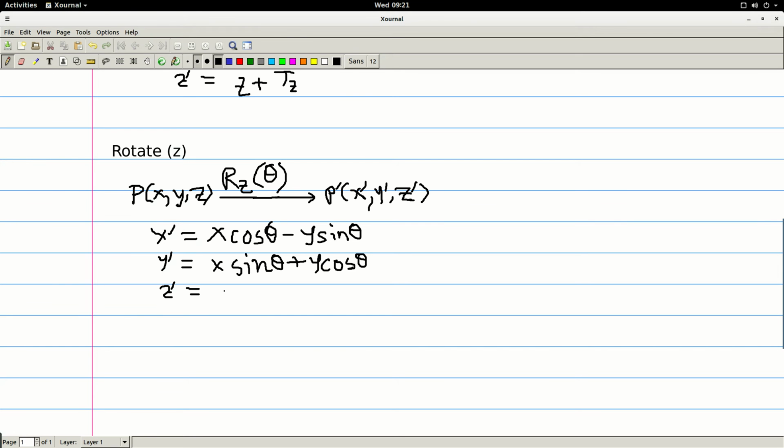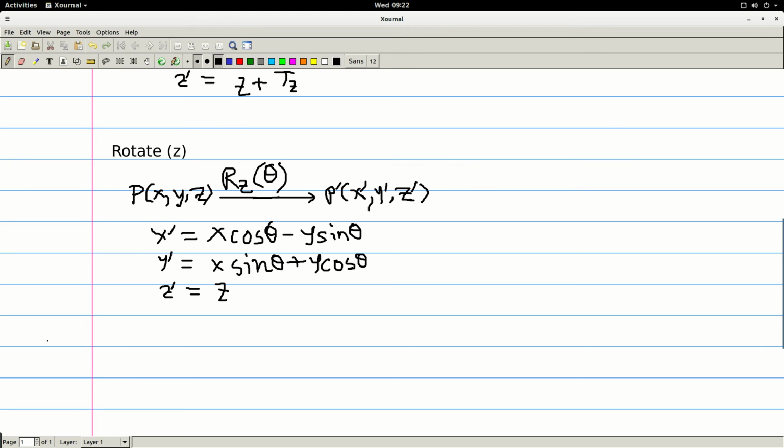Okay. What happens to z? How do you write that? Z prime equal to what? Z. Because it doesn't change. So whatever the value was for z, you just type it in and that's what it is. So this is for rotation on the z-axis.